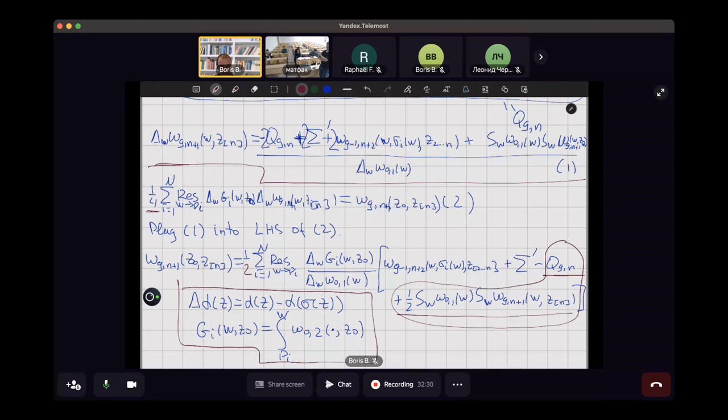Все понятно, сказали, что вот эти члены пропадают. Q_{g,n} плюс 1/2 SS has at least a double zero. Но можно просто взять, все могут сами попробовать.